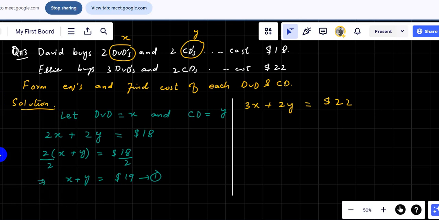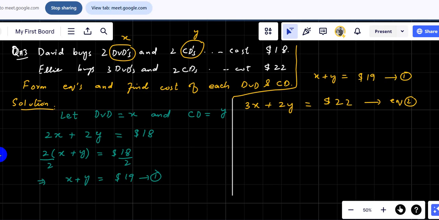Can I simplify this equation or not? No, we cannot simplify. We have to use the same equation here. So this is the second equation and this is the first equation here, x plus y equals 9.